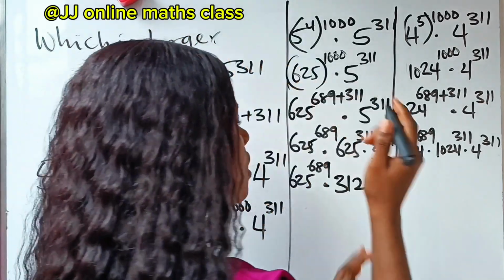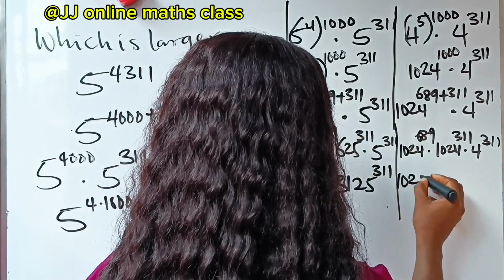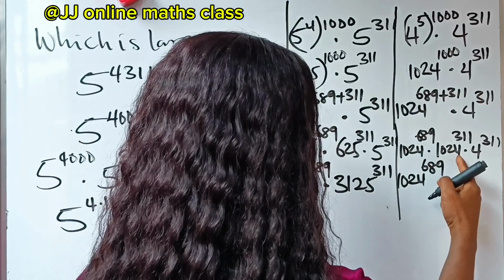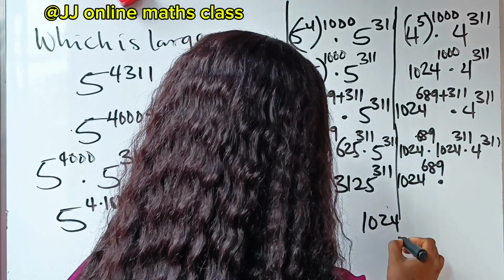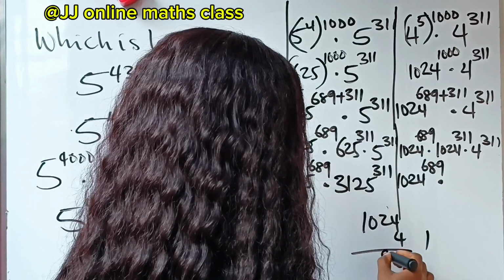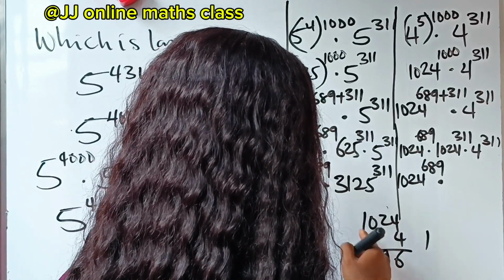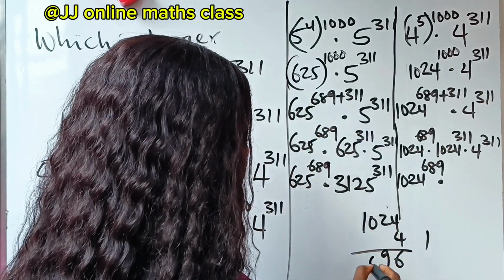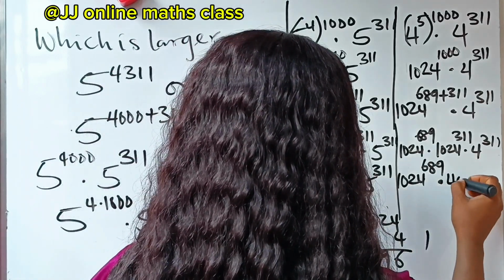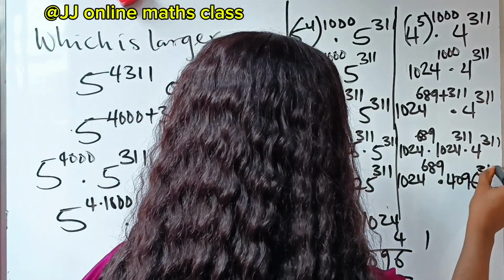Now for this side, we have 1024 to the power of 689 multiplied by 1024 times 4 times 4. 4 times 4 is 16. 4 times 2 is 8 plus 1 is 9. 4 times 1 is 4. 4 times 0 is 0, sorry. And 4 times 1 is 4. So we have 4096, 4096 to the power of 311.